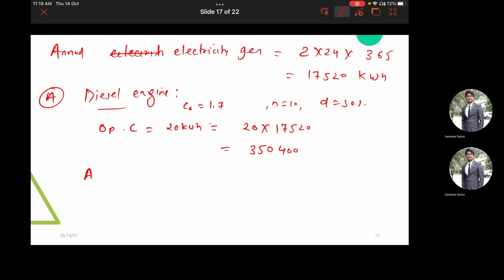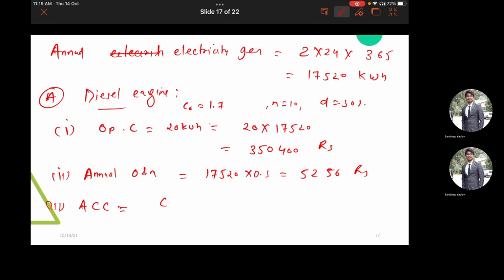And annual, that is the first cost. Second cost will be annual O&M cost, that is 17,520 into 0.3, that is 5,256 rupees. Now the annual capital cost will be C naught into CRF.